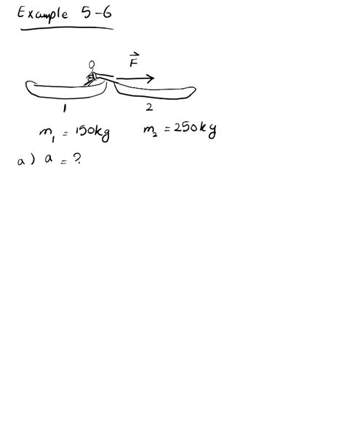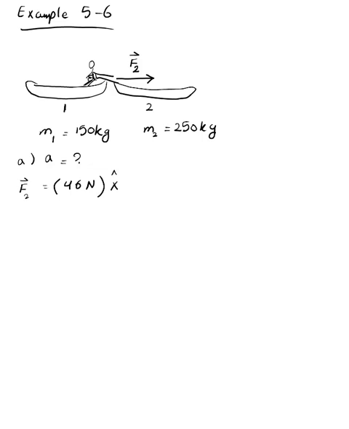I'm going to name this F2, meaning the force being given to canoe 2. First of all, it is in the positive x direction, and the problem says it is 46 newtons in the positive x direction.